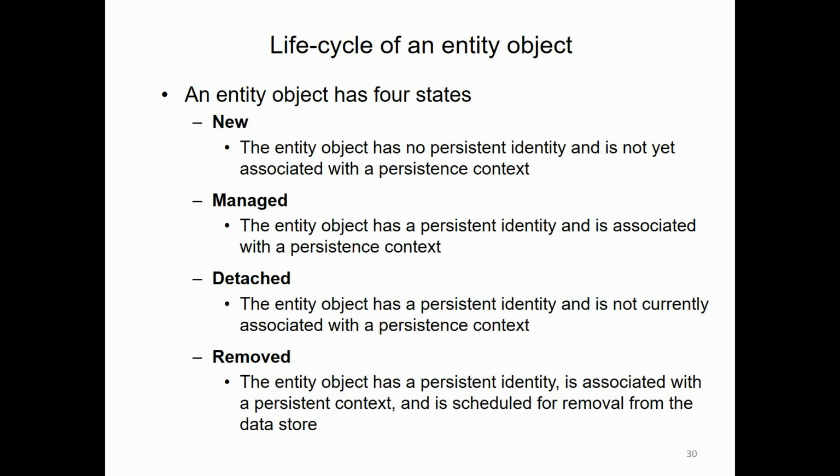So for example, if you've got in your database table auto-generation of ID values, the insertion of that row will cause an automatically generated ID within the database, and the persistence manager will then use that ID in the ID field of the object that you created. It now is in the managed state.